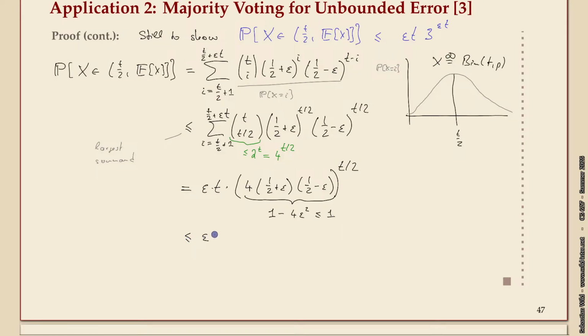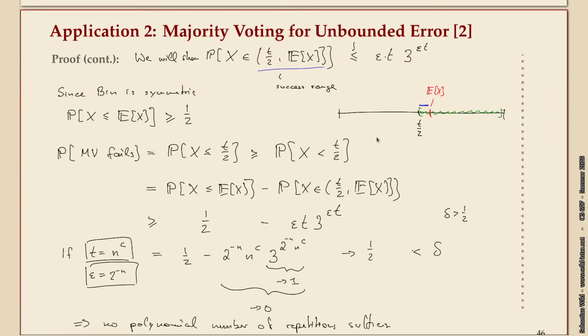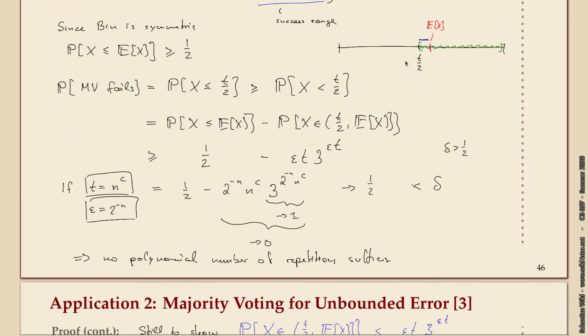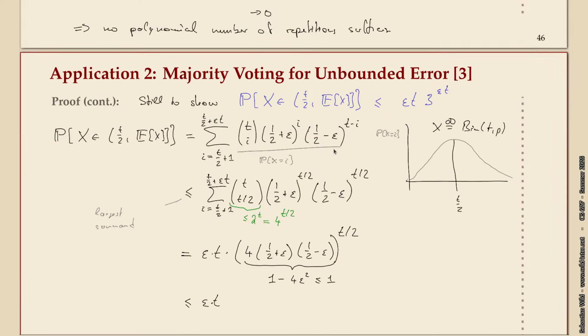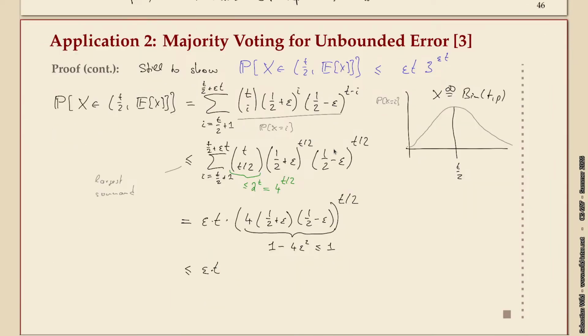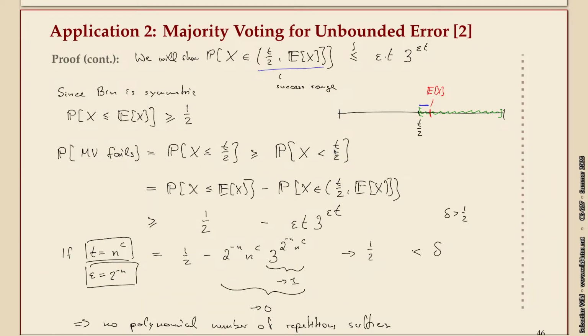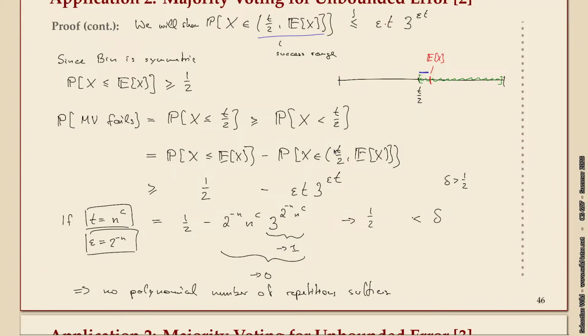Then I only get an epsilon times t upper bound. I had an additional factor written down, but I'm not sure where to get that from. Let's see if we need this 3 to the epsilon t here, really, because it went to 1 anyways. Might simplify the argument a bit. So I'm going to say this is not needed.